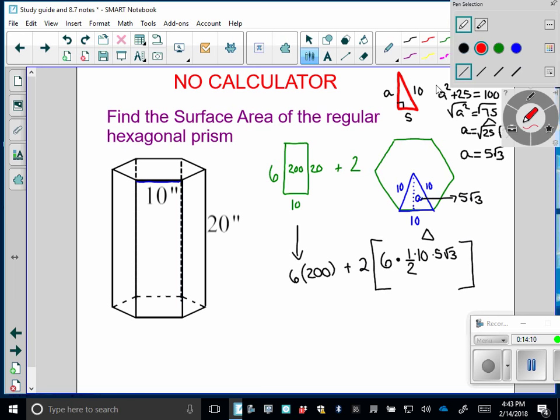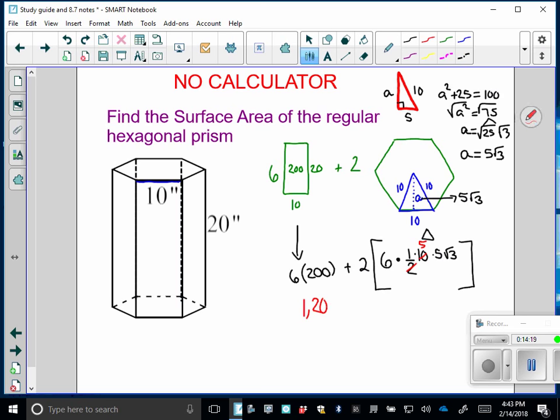Stick with the efficiency. 2 goes into 10 5 times. So we have 1,200 plus 2, and then 6 times 5 is 30, times 5 times the square root of 3.